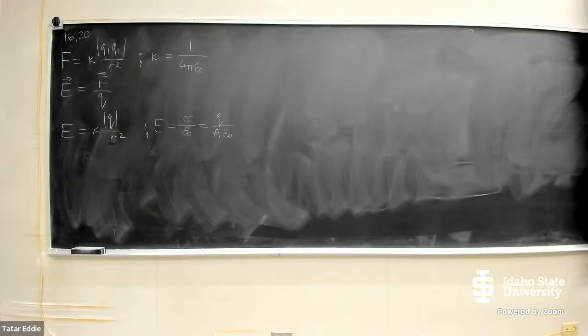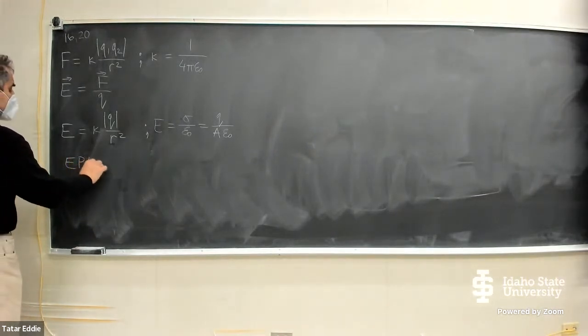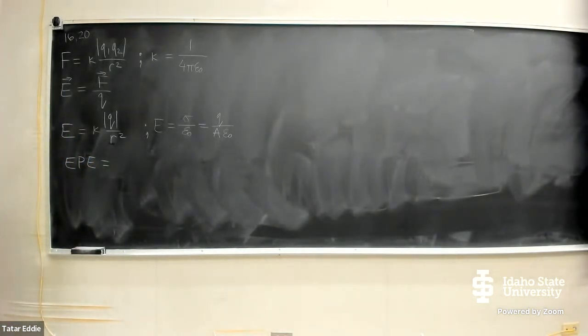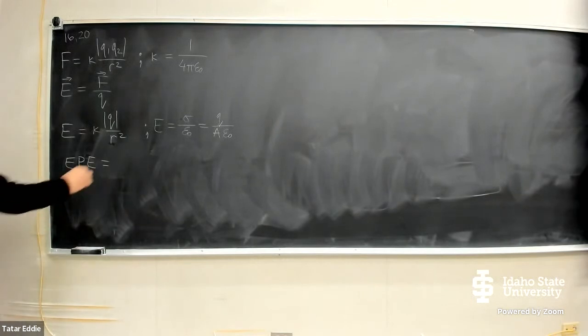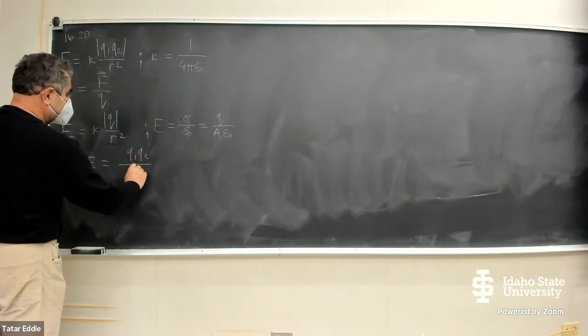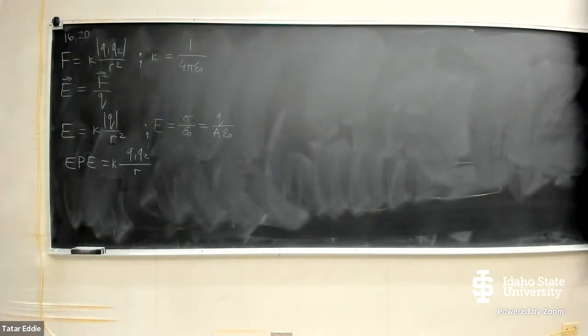Well, the next part of the story was dealing with energy, and the simplest result was, well, it was not a result, we just made a hand-waving argument about that. The electric potential energy of a system of two point-like charges separated by distance r is just given by the product of the charges divided by the distance between them, and the same constant of proportionality is needed.